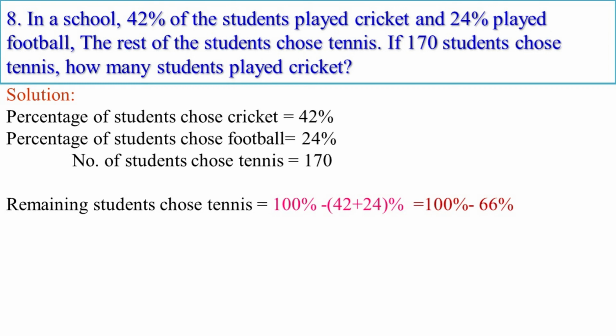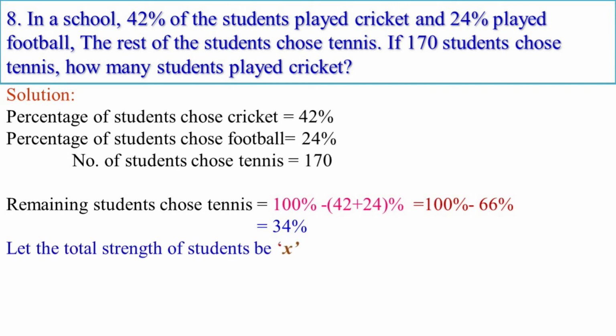The remaining students who chose tennis are found by subtracting 42 and 24 from 100. On subtracting, 100% minus 66%, we get 34%. Students who chose tennis is equal to 34%. Let the total strength of students be x.